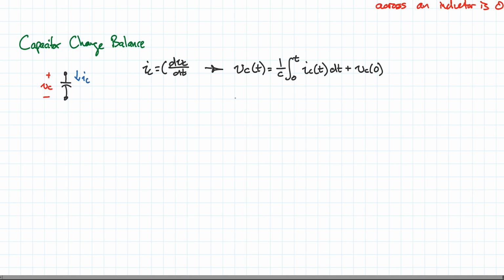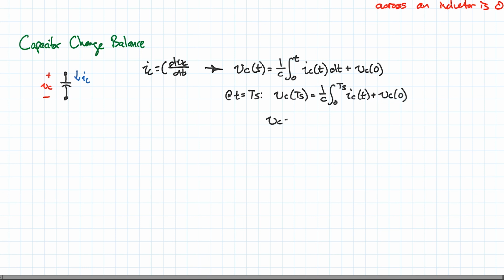But then again, we can apply the same argument of it being periodic, and we say at t equals Ts, we have that Vc of Ts is equal to 1 over c, integral from 0 to Ts of Ic of t dt plus Vc of 0.